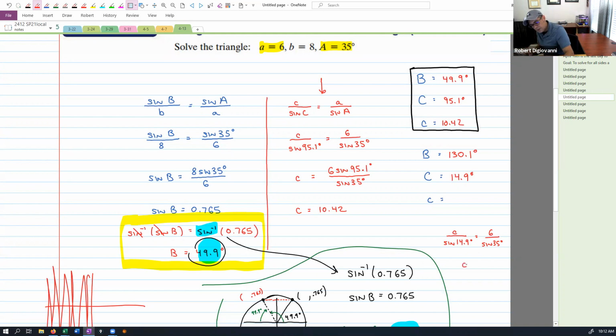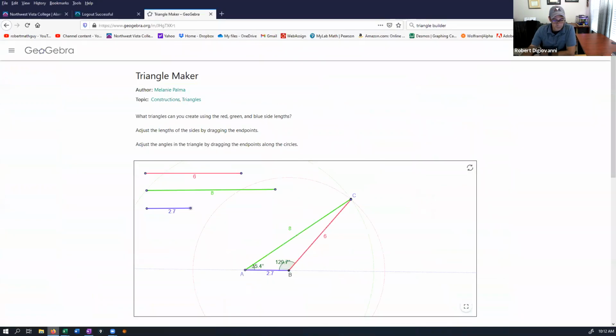I get C must be 2.69. So 2.69. That is my second solution. And that's the other triangle that I drew. That's this one. 2 point something here, 130 about, and I've got my other triangle.